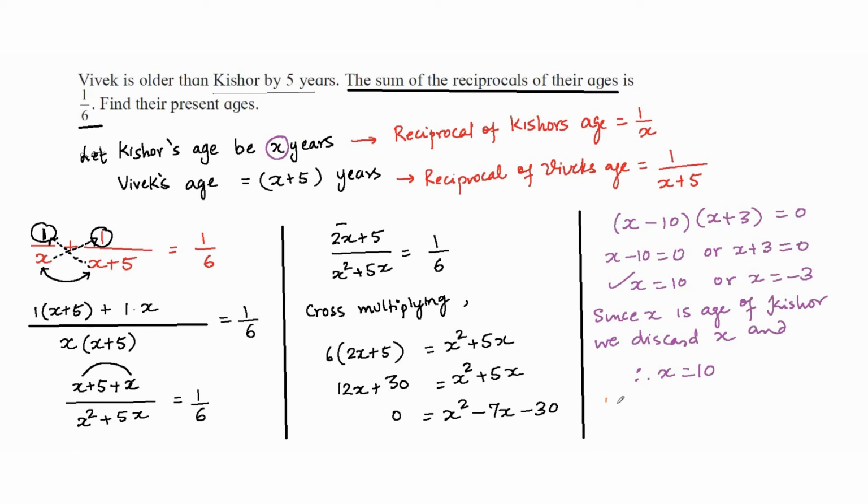So Kishore's present age would be x, which is 10 years, and Vivek's present age is going to be x plus 5, which is 10 plus 5, which is 15 years. So their present ages are 10 and 15 years respectively. So again, let me pause for a few seconds before I move on.